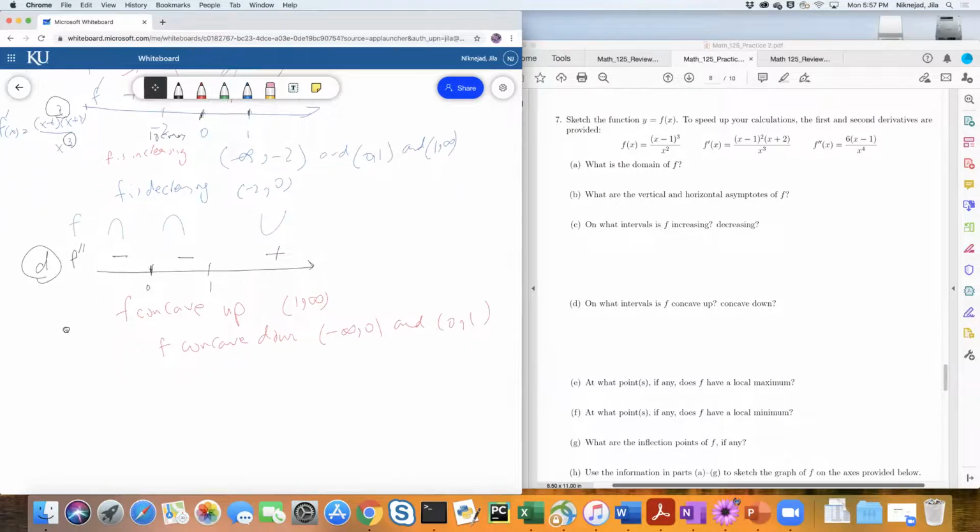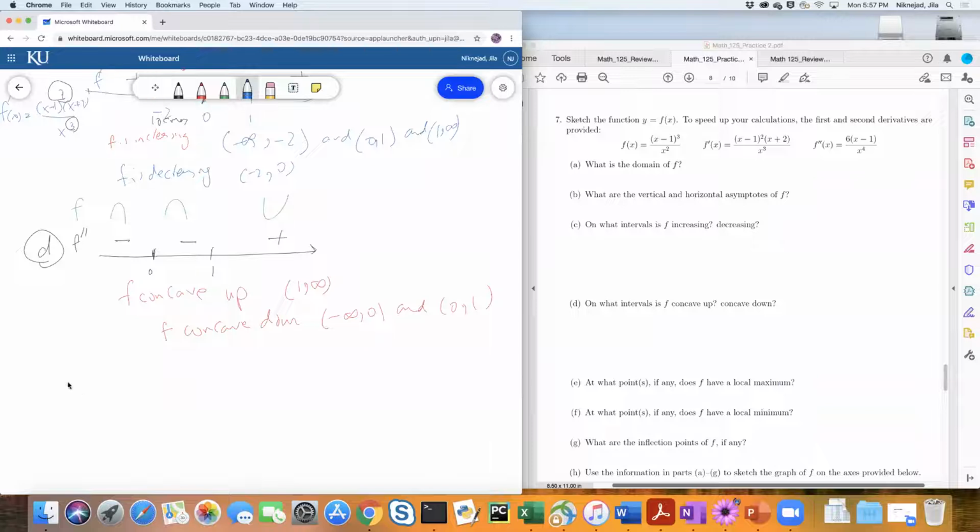Okay, so that said, let's put them all together and answer E. E is telling me that F has a local min at -2. So plug it in. F of -2 is equal to (-2 minus 1) to the power 3 over (-2) to the power 2. That's (-3) cubed, which is -27, divided by 4.